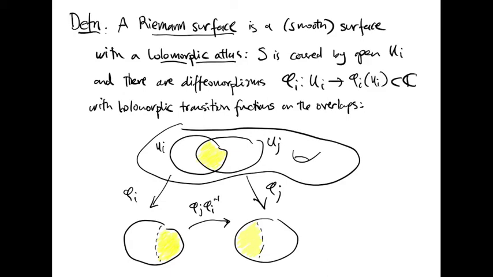This means that our surface is covered by open sets U_i, and for each i there's a diffeomorphism φ_i from U_i to an open subset of the complex plane, in such a way that on the overlap of two open sets U_i and U_j, the transition function from one chart to the other is a holomorphic map from an open subset of the complex plane to another open subset of the complex plane.